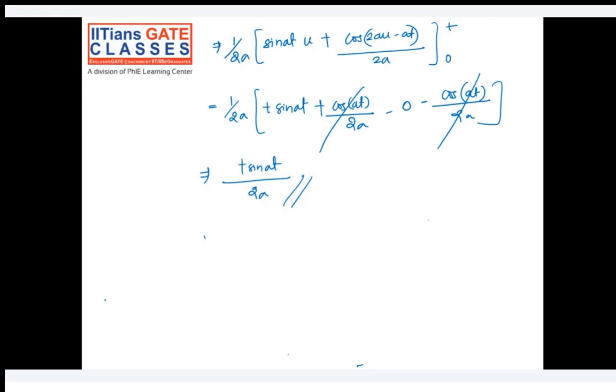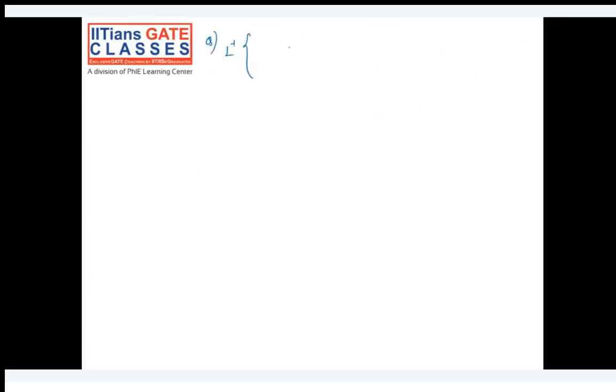Okay, let me give you another question. Inverse Laplace of 1 upon (s square plus 1) into (s square plus 9). So this problem can be written as inverse Laplace of 1 divided by (s square plus 1) into 1 divided by (s square plus 9).